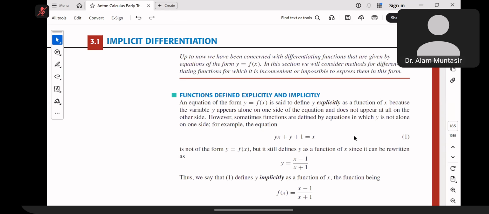That means y is a function of x only. And this expression is known as explicit form of function, and the differentiation that we need to follow is explicit differentiation.